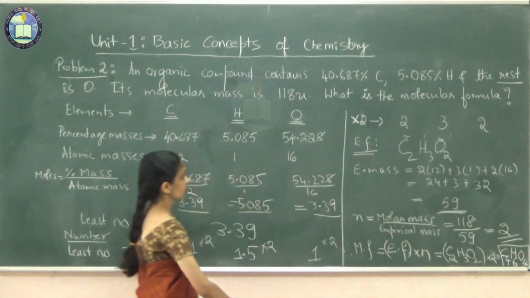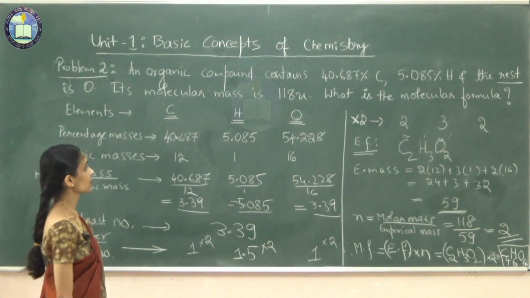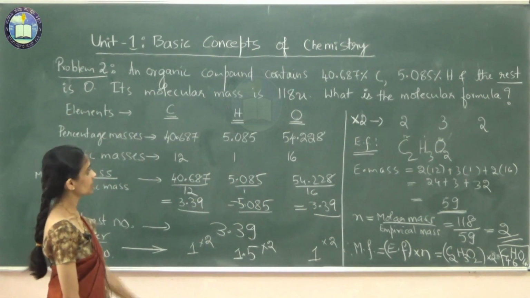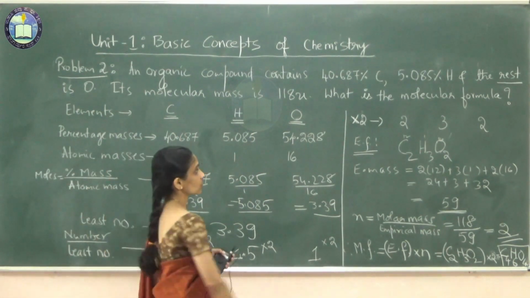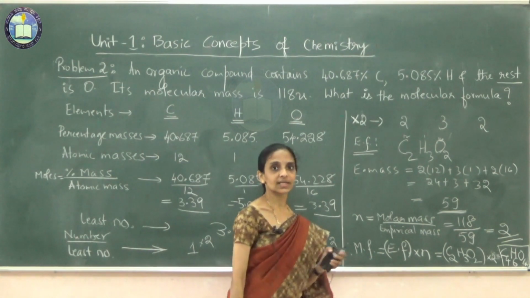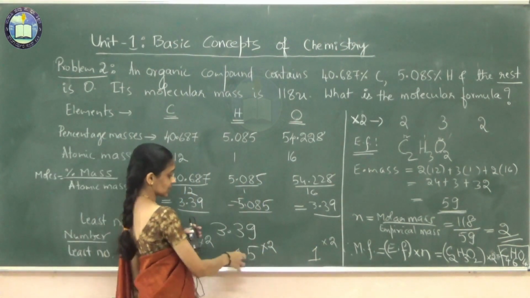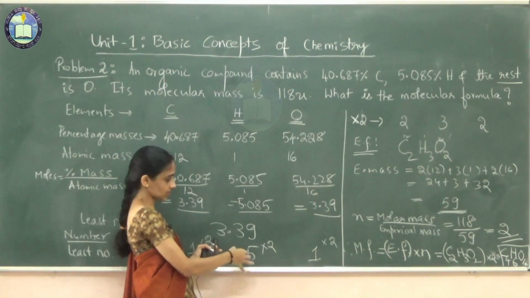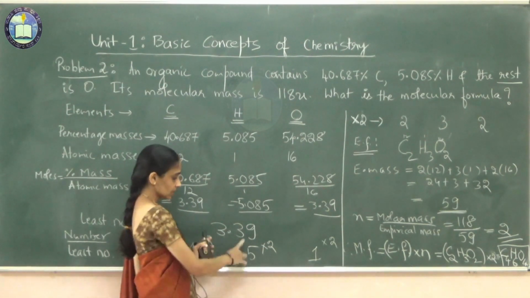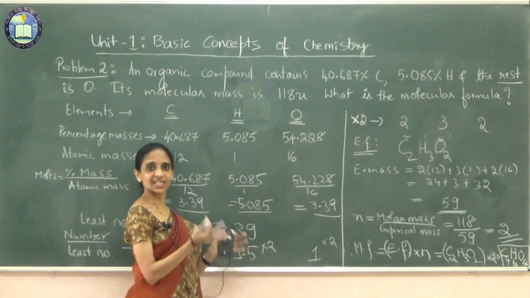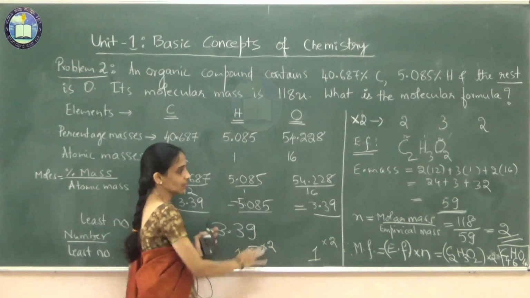Okay. So, this problem is slightly different in terms of two aspects. One, oxygen mass is not directly given. Another, here you do not get a convenient number which can be rounded off easily, so converting into an integer has to be done by multiplication.